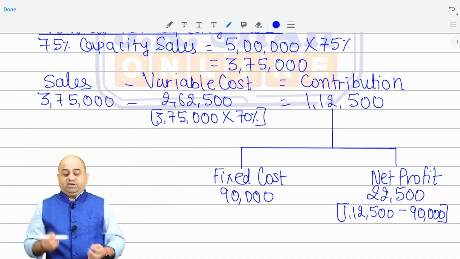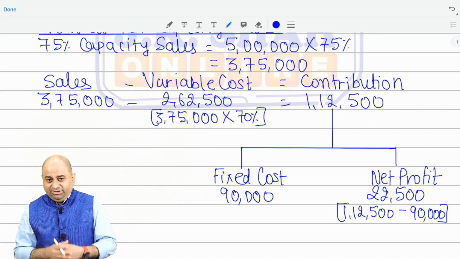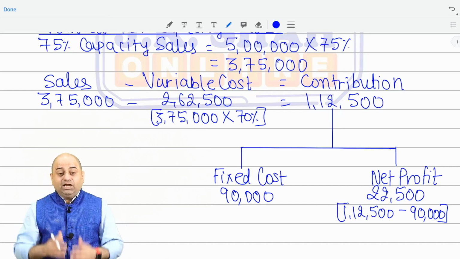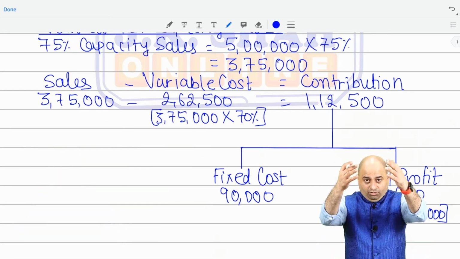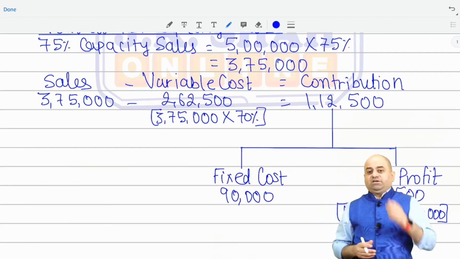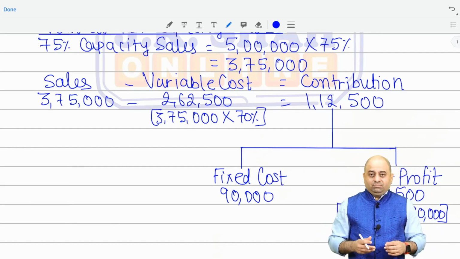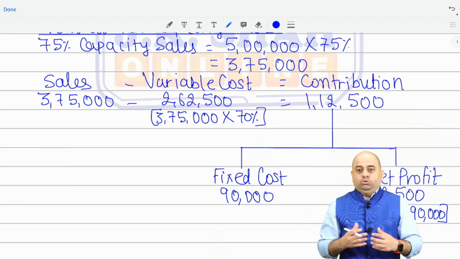My dear friends, what I'm trying to tell you is that if you will revise the theory of this chapter thoroughly well, and if you will read the question well and identify what exactly is required, the flow of the solution automatically will come. The biggest trouble with this chapter, if at all you call that a trouble, I call that an advantage, by the way, is that there is no set pattern of solution.